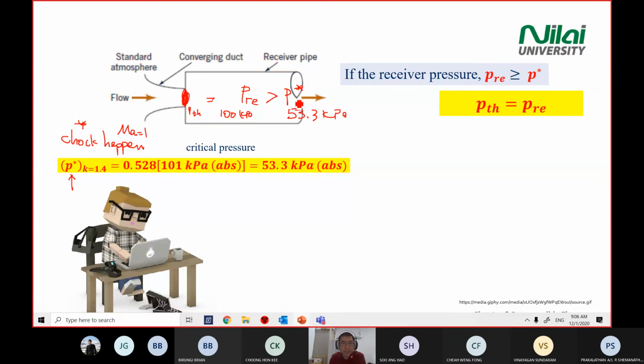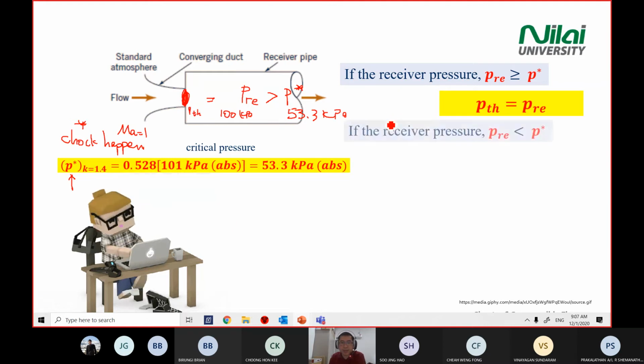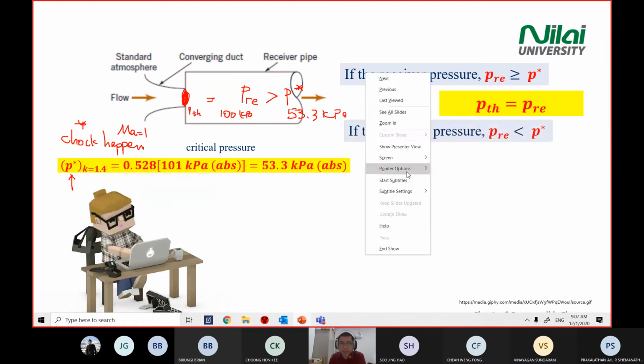For example, in this case, in your calculation, your P star is 53.3 kilopascal. So let's say your receiver pressure here is 100 kilopascal. Based on this statement, your pressure at the throat will be 100 kilopascal. Very important.